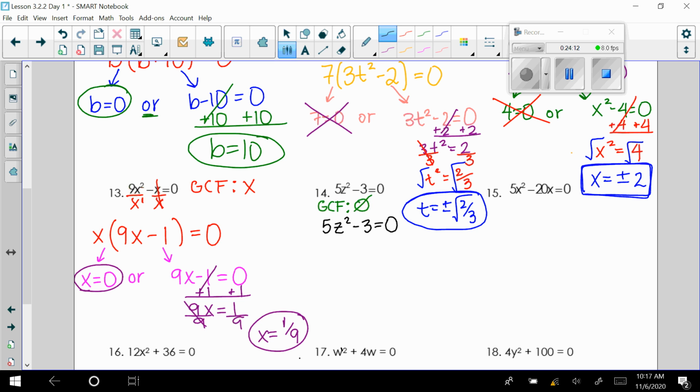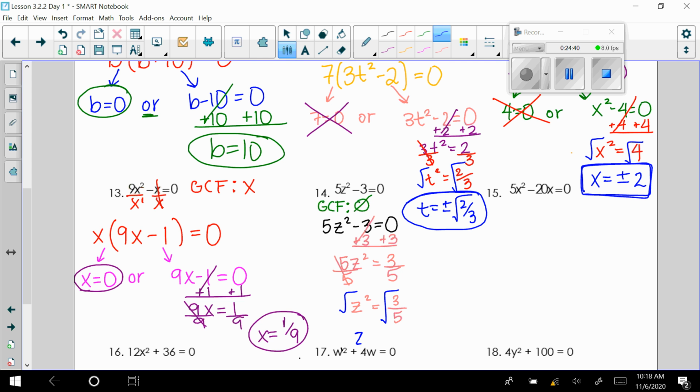So the reverse PEMDAS. So you'll get rid of the 3 first by adding to both sides. So 5z squared equals 3. And then you can divide both sides by 5. So we have z squared equals 3/5. And then your final step would be to square root.